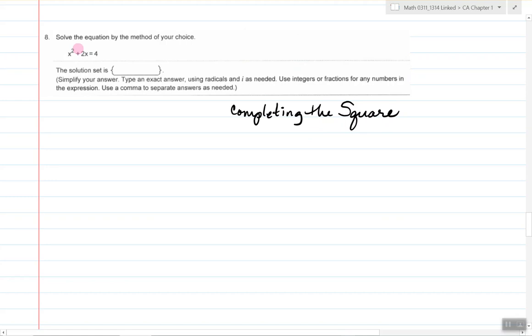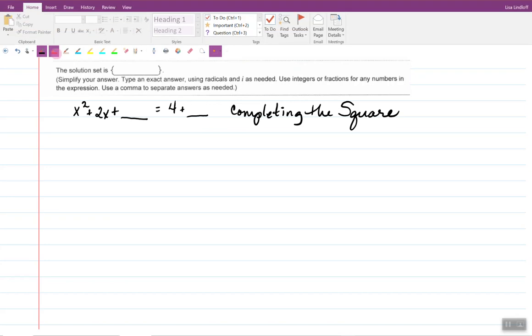This is not factorable. I could use the quadratic formula, but I just want to practice this technique honestly. So I have x squared plus 2x, plus a blank, equals 4 plus a blank. Using my red colored pen, maybe, there we go.